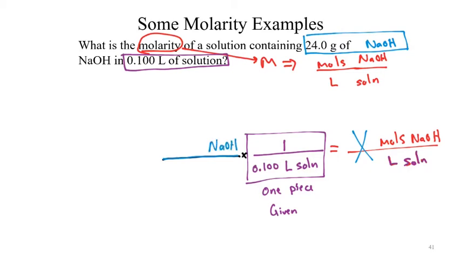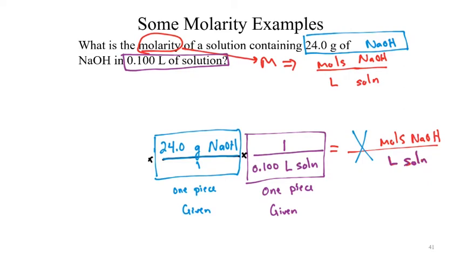I could place the grams of sodium hydroxide in the numerator because it's the substance, and the substance needs to show up in the numerator in my answer. So I'll do 24.0 grams of sodium hydroxide. Again, this is a single piece of information, so I don't want to put it in any kind of fraction with anything else. We're just going to put a 1. And this was, again, given.